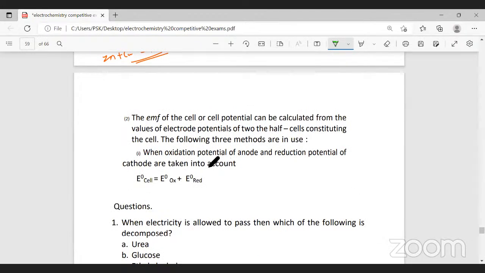Yes, sir. And we can also calculate the EMF of the cell or cell potential from the values of electrode potential of two half cells constituting the cell. The following three methods are used.